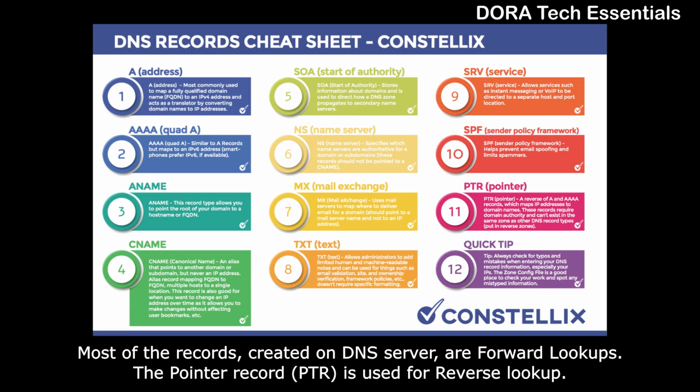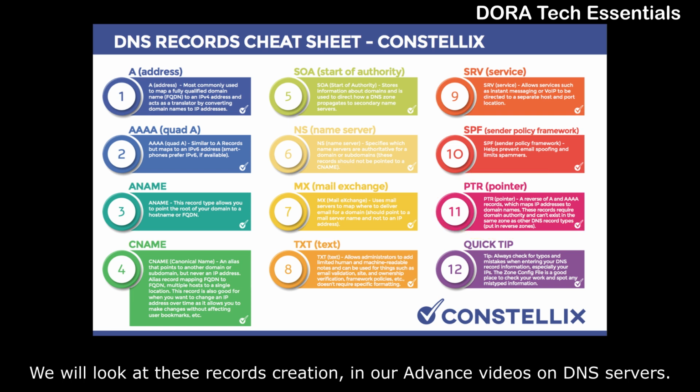Most of the records created on DNS server are forward lookups. The pointer record, PTR, is used for reverse lookup. We will look at these records creation in our advanced videos on DNS servers.